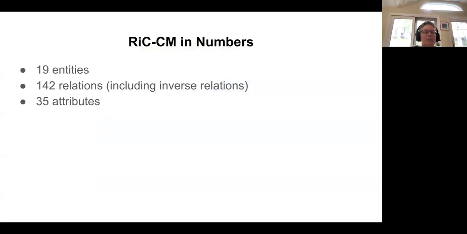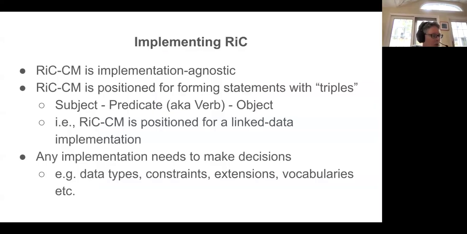All right. So I already mentioned this, the RiC-CM is implementation agnostic, but I hope that by now it is shining through how it is positioned for forming triples. So for being implemented in a formal ontology.